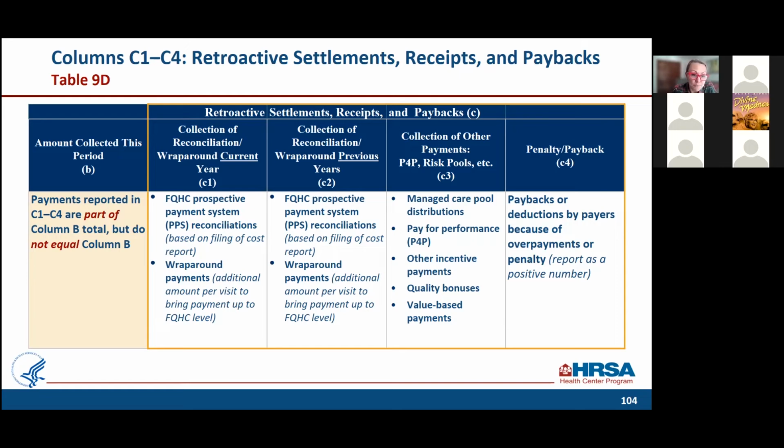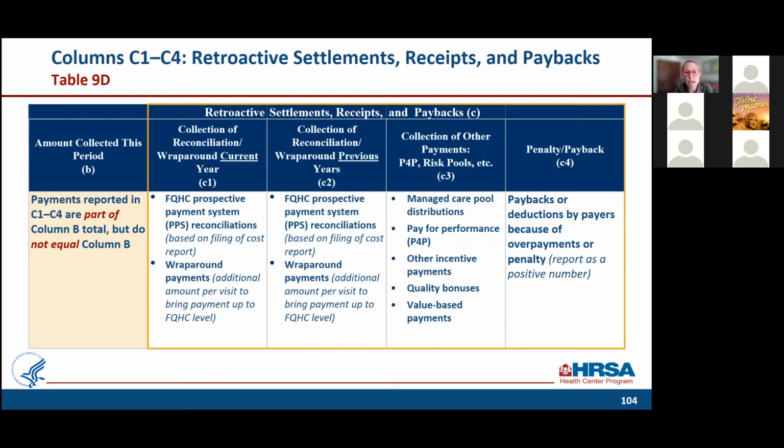In column C3, you'll report any other payments that you receive, such as managed care pool distributions, pay for performance, or other incentive payments like quality bonuses. Remember, these are incentive payments from payers related to patient services.